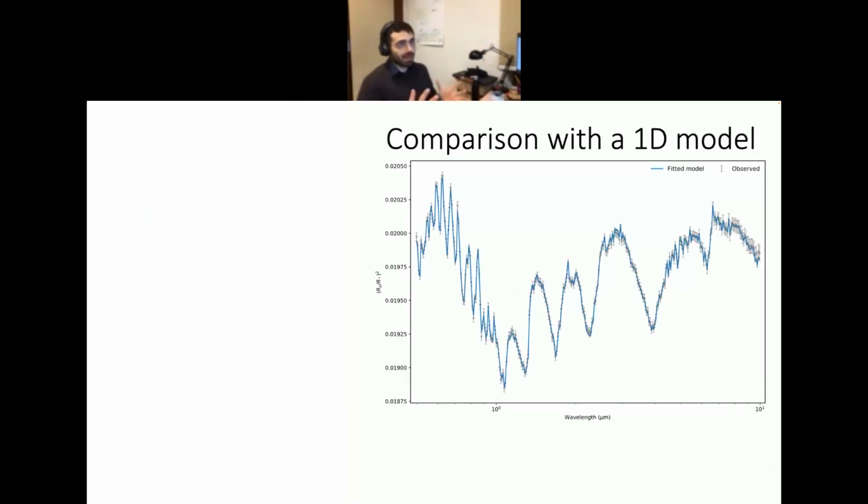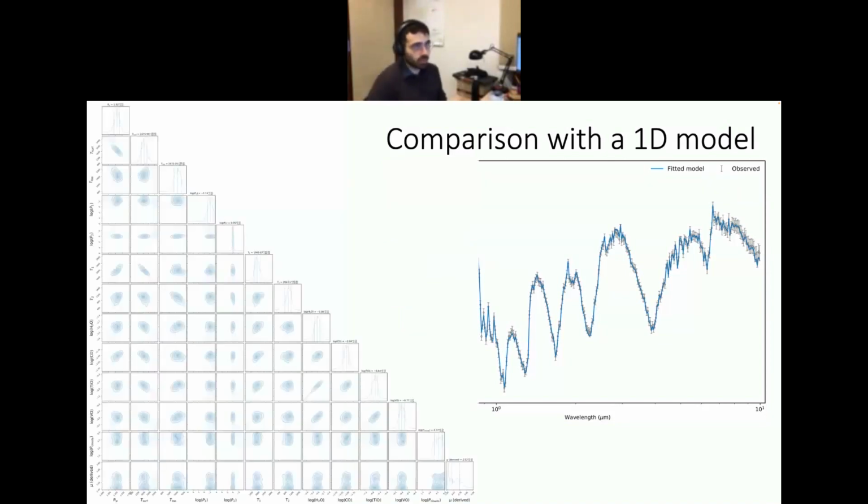In the most complex case I showed you, with optical species, we can see that the 1D retrieval returned a good-looking spectrum. It's a statistically valid spectrum, and the posterior distributions also looked fine. They converged around a value. But as we can see here, we don't see any red lines.